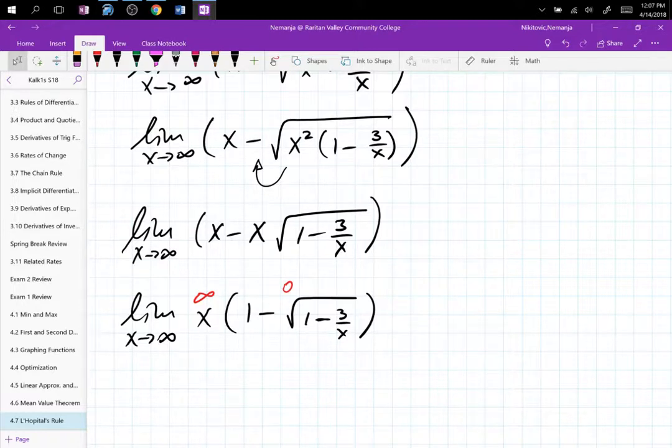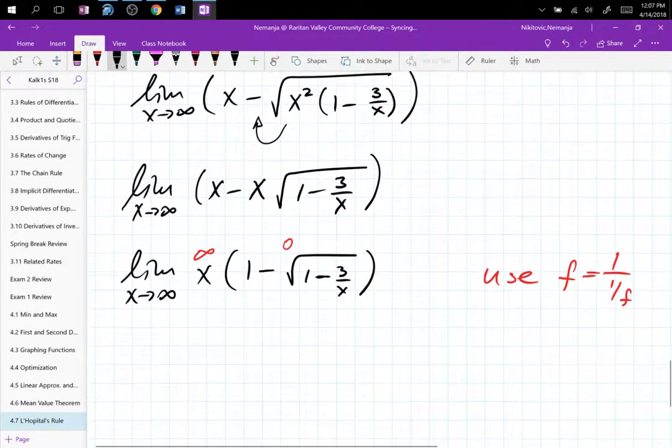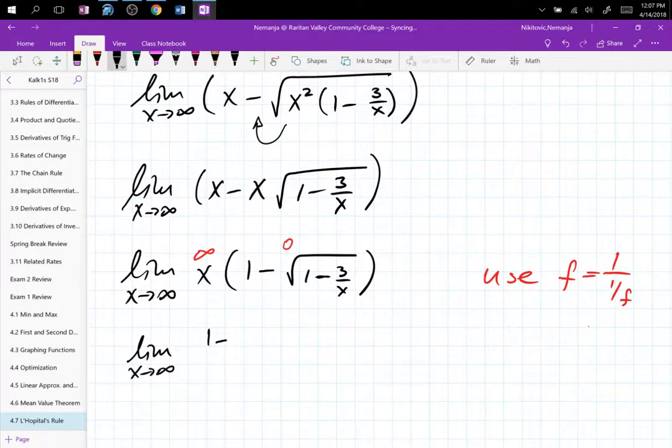So now when we have 0 times infinity, this is where I go and say, use f equals 1 over f. Limit as x goes to infinity of 1 minus the square root of 1 minus 3 over x, divided by 1 over x.